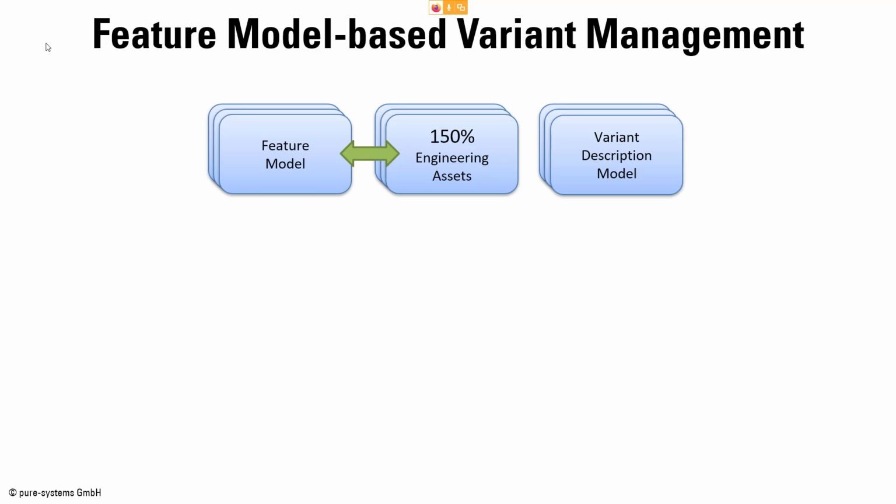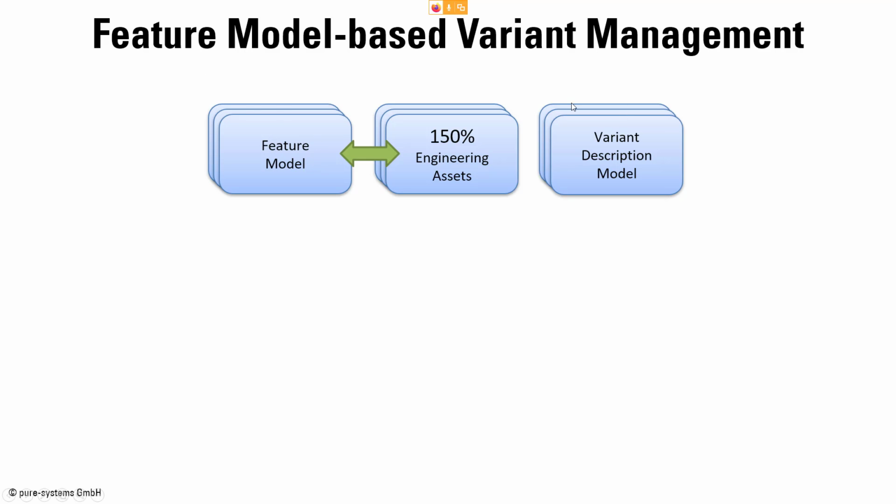And basically, once you set up this 150% code base and connected it to a feature model, you can from then on profit from having formalized your interdependency knowledge in the model.